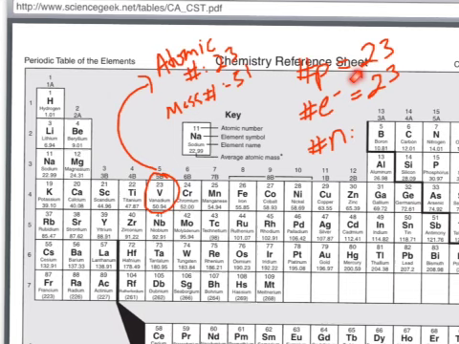So for my case, we will have 51 minus 23, which is going to equal 28. So the number of neutrons equals 28 for vanadium. And that's going to be done the same way for every single element. Let's try one more example on the next page. We will look at lithium, which is 3 and 6.94.